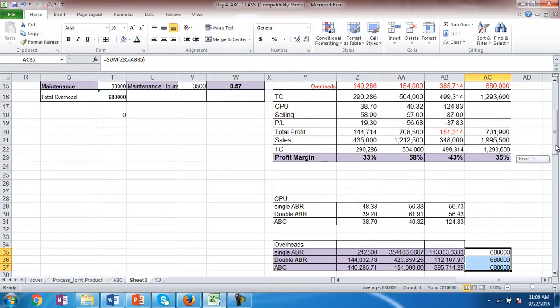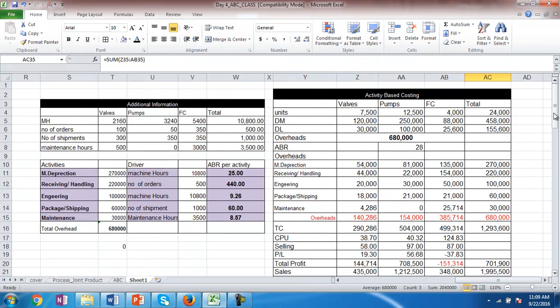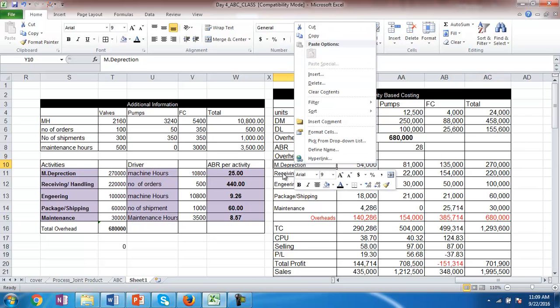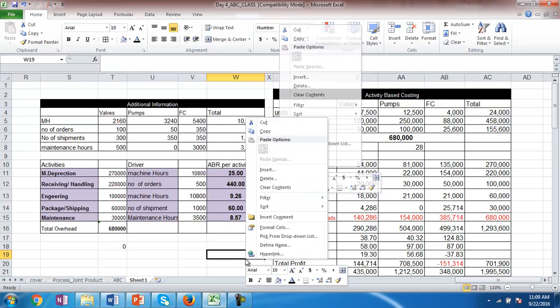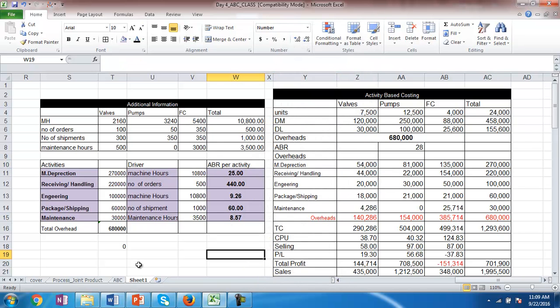So activity-based costing makes an effort to shift the focus from just expenses-driven cost management to activity-driven cost management. Understanding the activities and then trying to manage the cost is the contribution of activity-based costing.